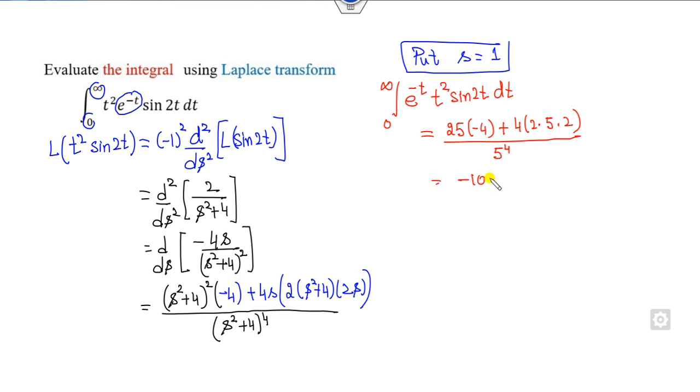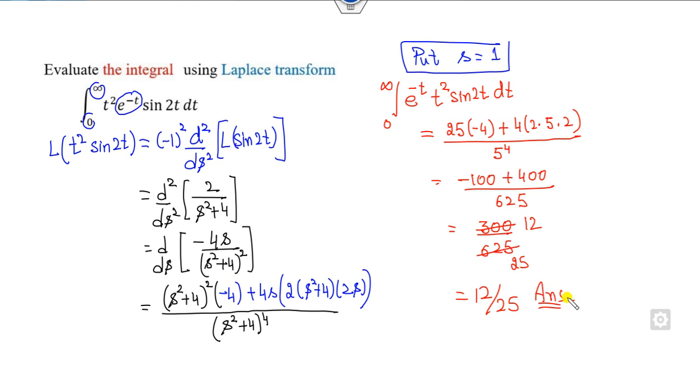So it is minus 100 plus 400 divided by 625, which is 300 divided by 625. You can cancel it with 25, so 12 divided by 25 is the right answer of this problem.